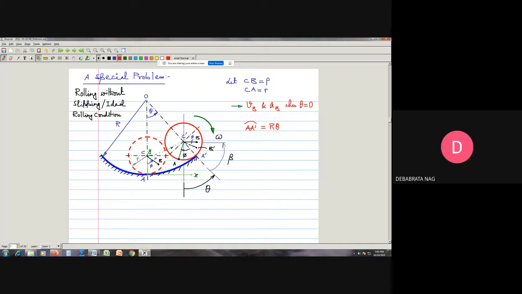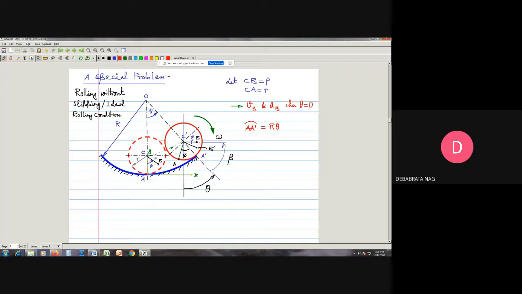So this is basically the curvilinear translation. As the point A goes to the position A dash, the center moves along the parallel path and comes to the location C dash. And while doing so, the actual distance over the surface covered by the point A is equal to R into theta. But while coming to this location, we find that the center C has come to its desired location.